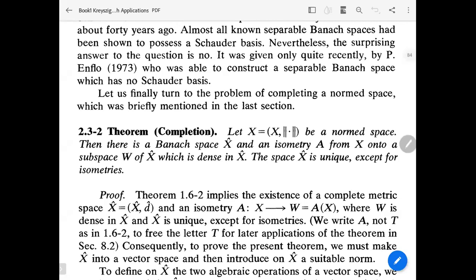So up to isometry, every metric space has a completion. Similarly, every normed space has a completion. An isometry in a metric space preserves the distance.